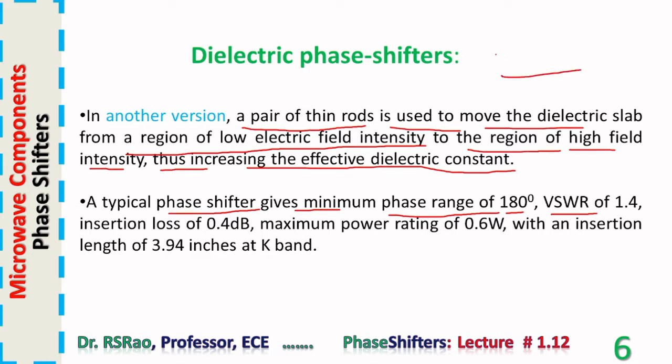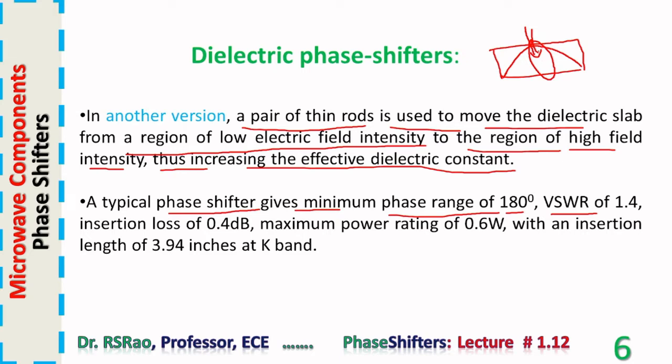Notice when the wave is in dominant mode, field intensity is maximum at the center of the waveguide, somewhere here. And intensity falls as you move on either side from the center. It falls sinusoidally from maximum to nil at the ends. An effective way of changing the effective dielectric constant is inserting the dielectric slab here at the center where field intensity is more.